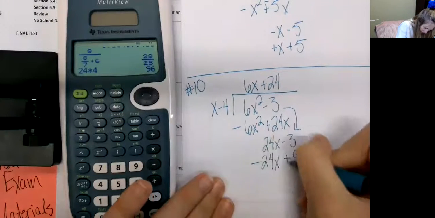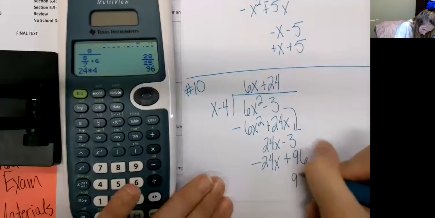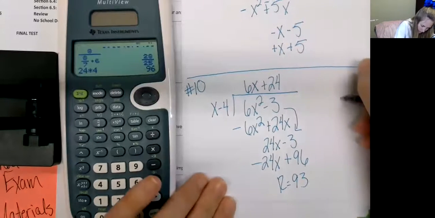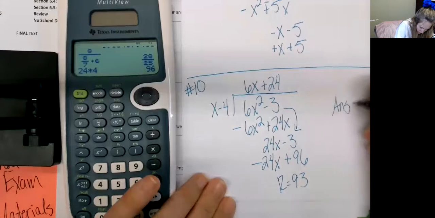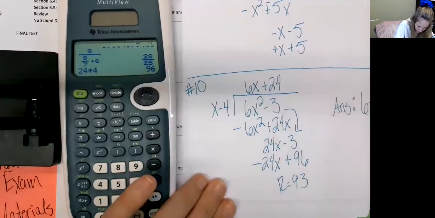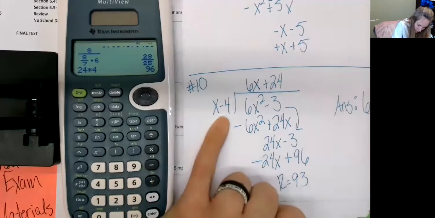Then we change our signs. Those will cancel. 96 subtract 3 would be 93, and that's our remainder. So our answer is going to be 6x plus 24, and our remainder was positive, and so we'll have 93 over our dividend.